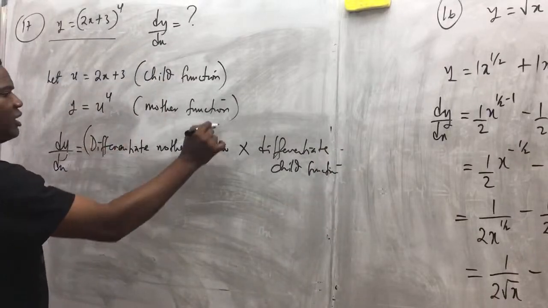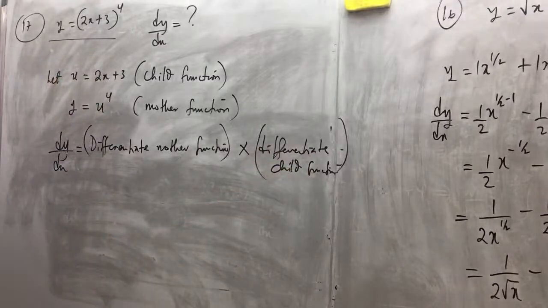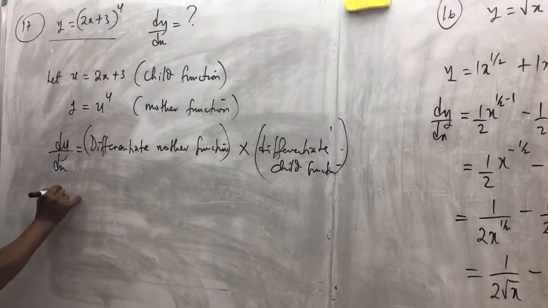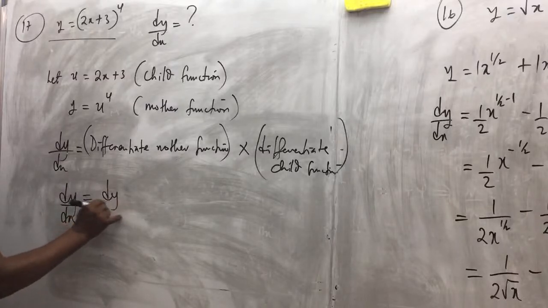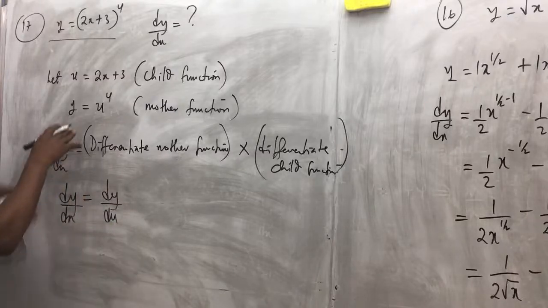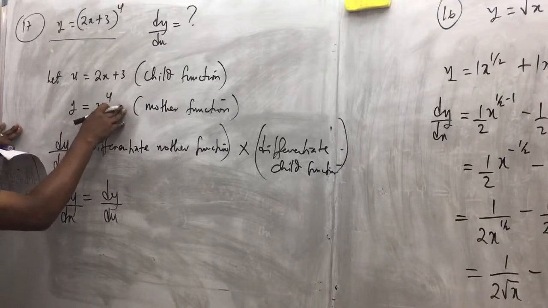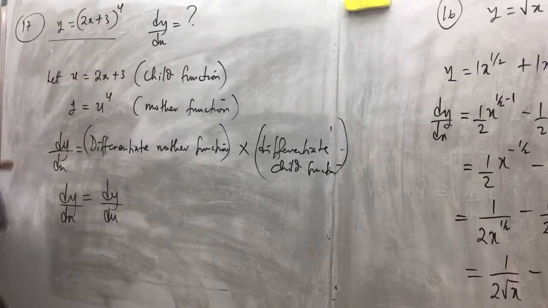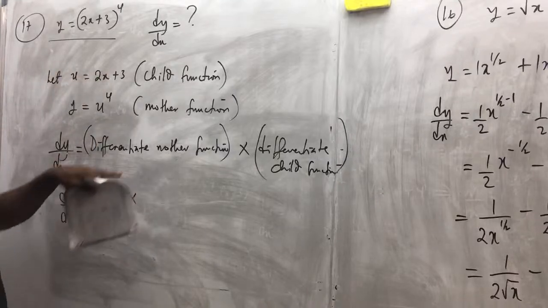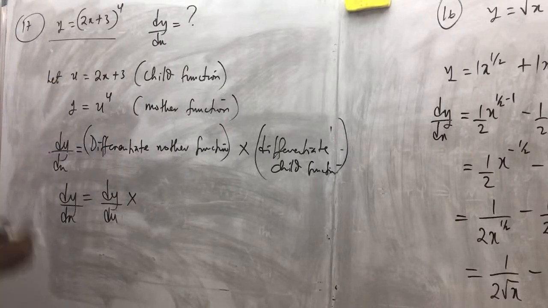So differentiate the mother function and multiply your result with the derivative of the child function. So we are going to apply that rule here. That rule translates to dy/du times du/dx. The mother function now looks like y equals u raised to the power 4 because we've called 2x plus 3 u. And the child function is u equals 2x plus 3.